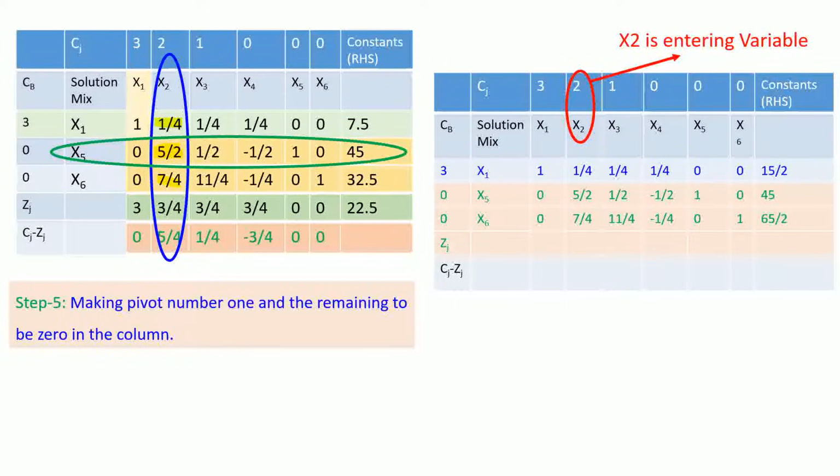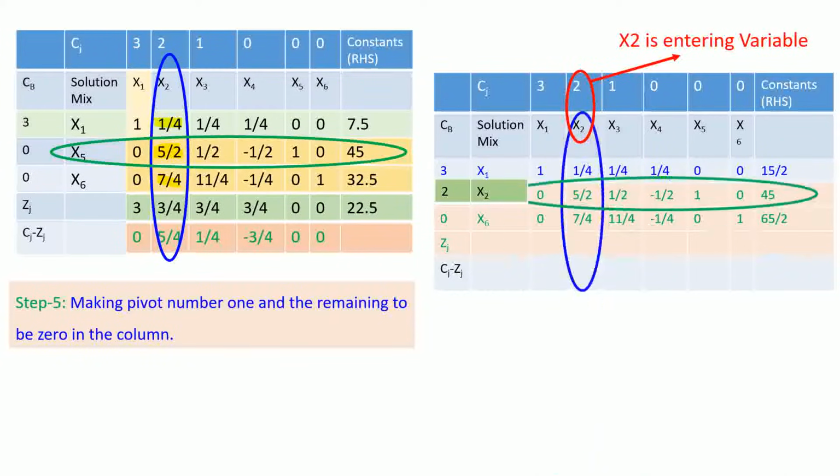So we have to replace x5 using x2 and the coefficient of x5 using the coefficient of x2, that is 2. And then we have to divide all the row values of x2 by 5/2 to make the pivot value 1, and we get this.